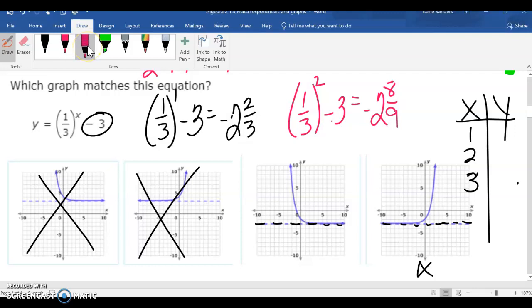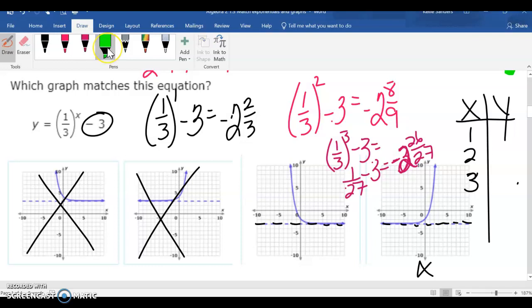And then 1/3 to the 3 minus 3 equals 1/3 to the third is 1/27, which is negative 2 and 26/27.